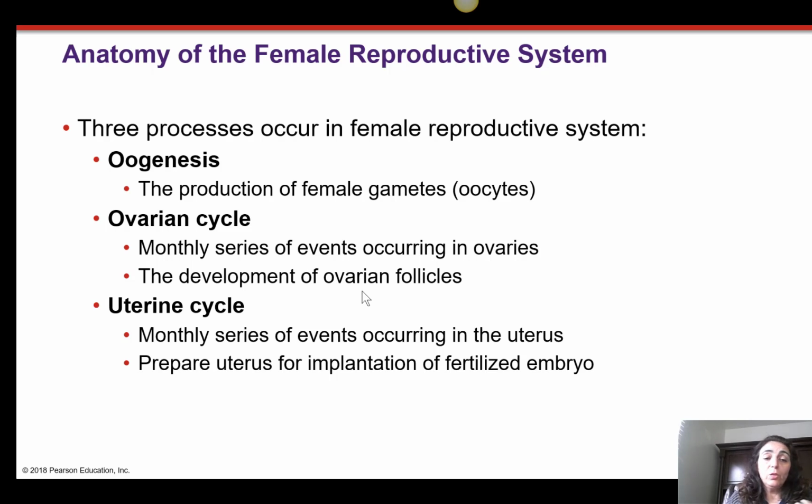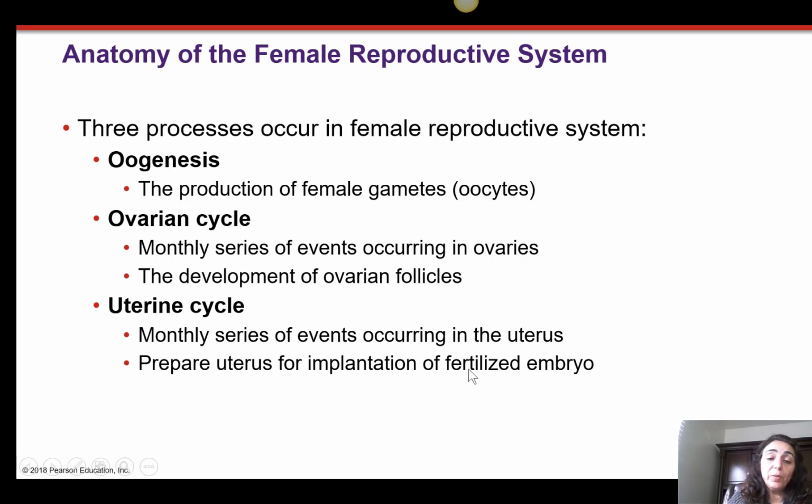Following the changes in the ovary and the hormones of the ovary, we have changes in the uterus that cause the uterine cycle. Those monthly series of events occurring in the uterus we call the uterine cycle, and they prepare the uterus for implantation of a fertilized embryo.